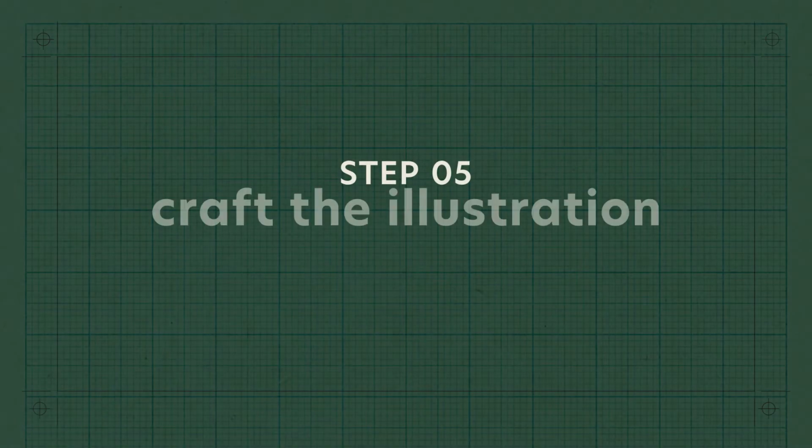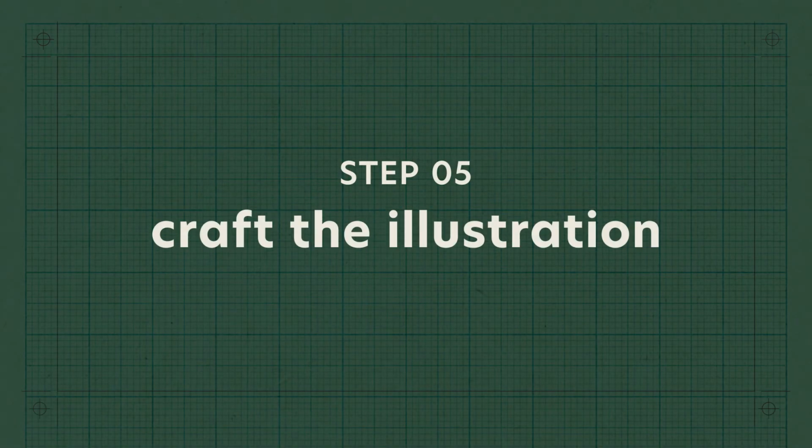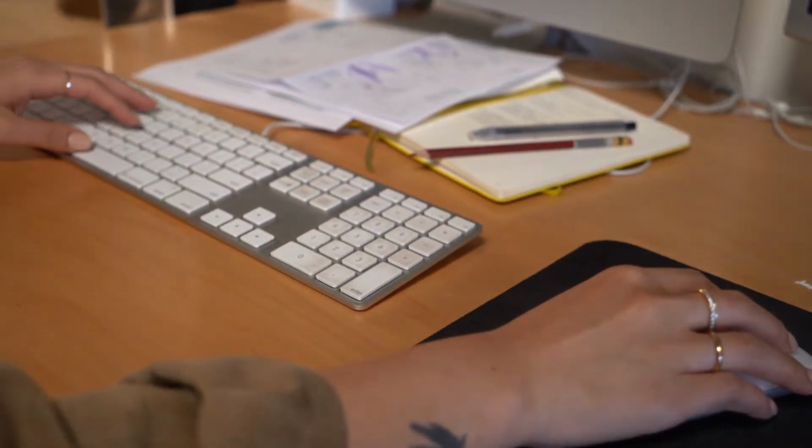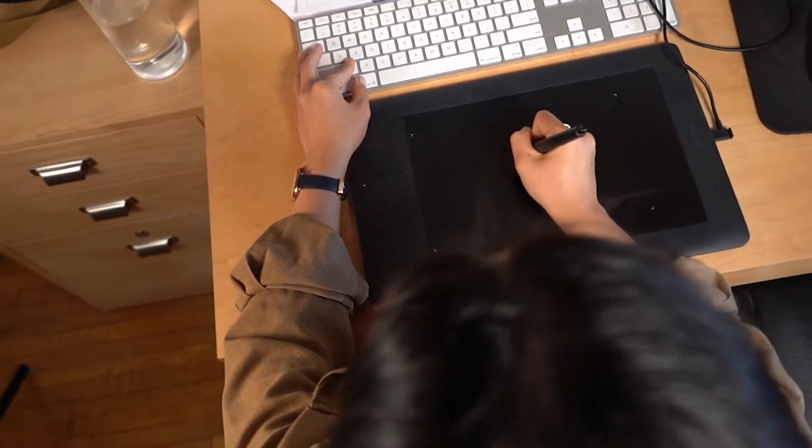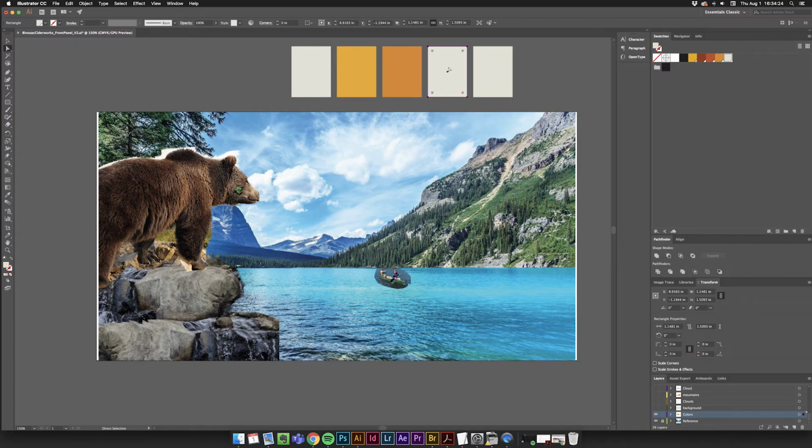So now we're on to the fun part. Step 5, illustrating. This is the meat of the process. So grab your tools and let's illustrate. You can go about starting the illustration many different ways. What I like to do is I like to establish a color palette and start with big blocks of color.